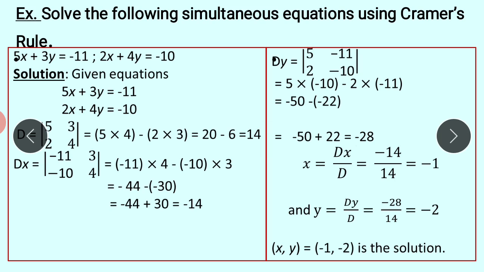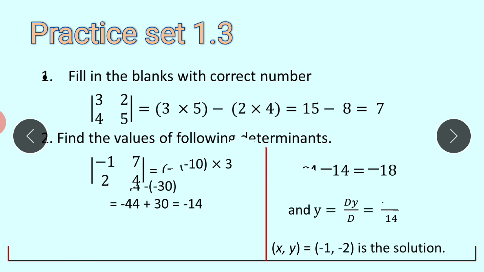Then you get minus 28 upon 14. You get the value minus 2. Then x, y is equal to minus 1 and minus 2 is the solution of the given simultaneous equations using Cramer's rule.